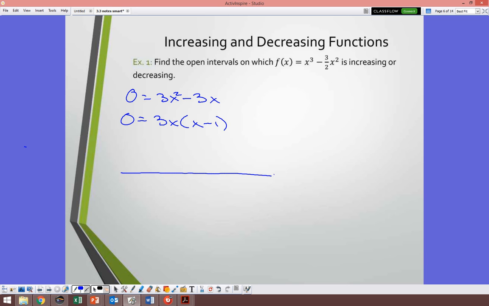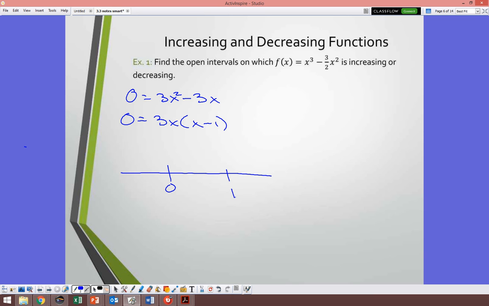So I'm going to do a number line right here. So 0 and positive 1, right? So we're going to look at different places. So this is what my interval is going to look like. We're going to check some of these. If I pick a negative number, these are my critical points, plug in a negative number here.